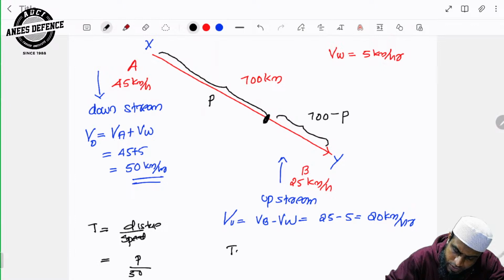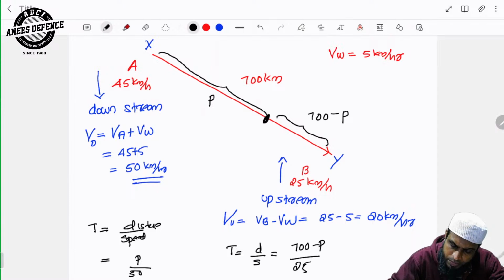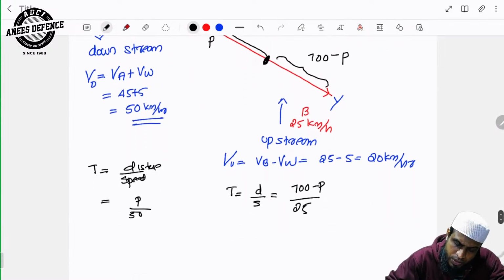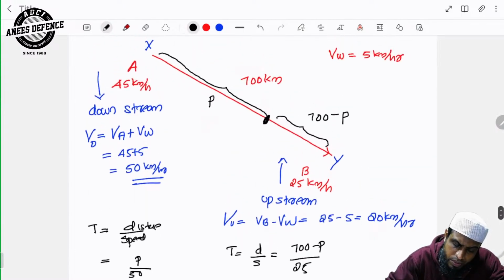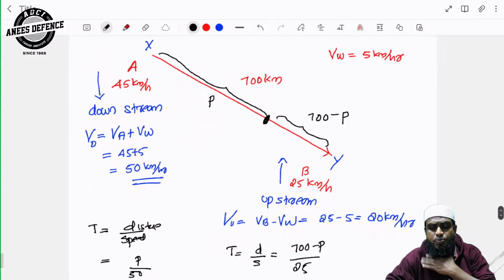In the second case, T equals distance by speed. That distance is 700 minus P, divided by 20. Because here, boat A is traveling a distance of P with a velocity of 50 kilometers per hour because it is going downstream.